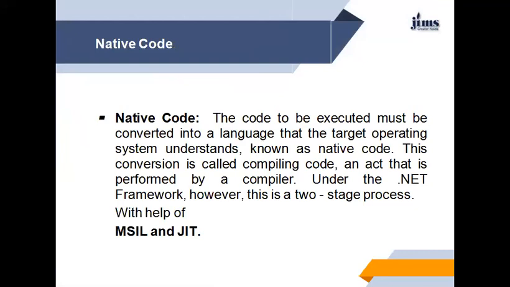Under the .NET framework, however, this is a two-stage process with the help of MSIL and JIT. The source code, with the help of the compiler of the language, is converted into the MSIL, that is called the Microsoft Intermediate Language. And this Microsoft Intermediate Language code is sent to the JIT, that is called the just-in-time compiler. And the just-in-time compiler eventually converts it into the machine code.